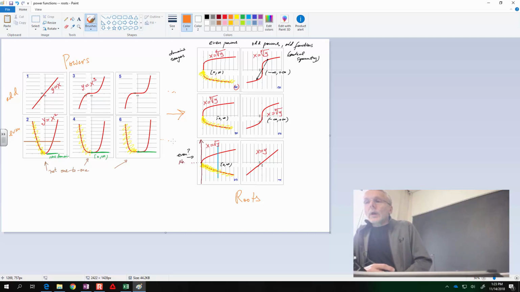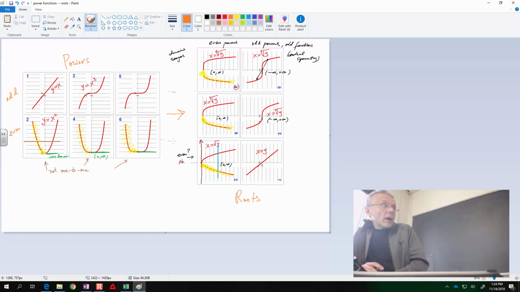The odd powers will be 1-to-1 and onto. They will be odd. They will just be flat in the middle. See how it becomes flat in the middle, but they then grow very steeply away from the origin.